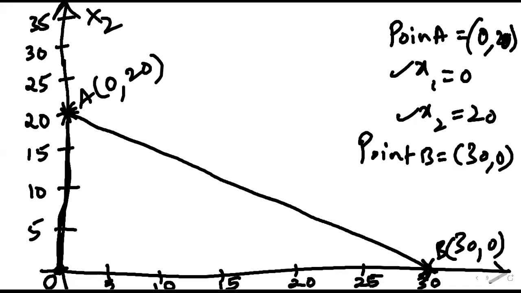Identify those points. Okay, so now how about point C? Point C is 0 and 32. How about point D? 24, 0.